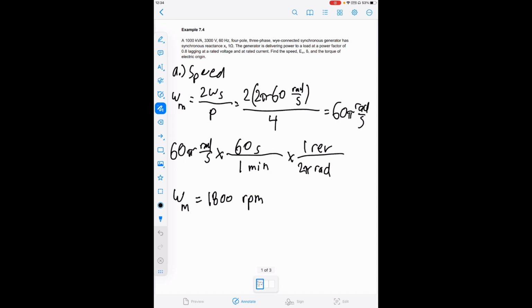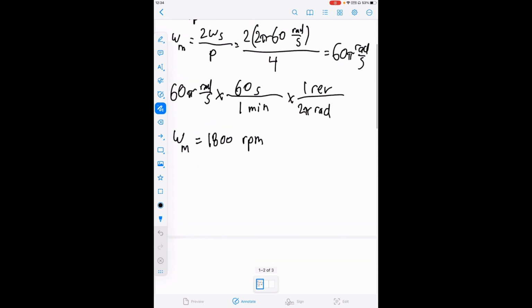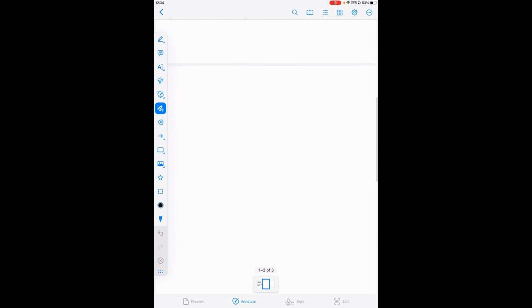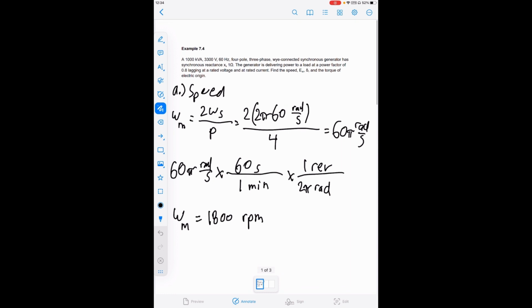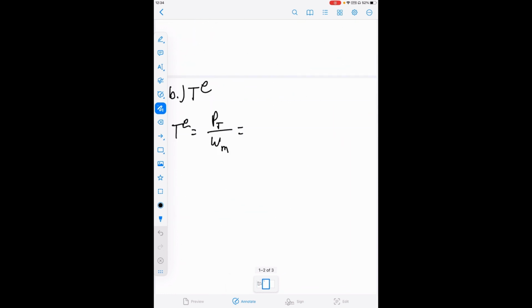The next thing it asks for is the excitation voltage, but after finding the speed, we can find the torque of electric origin very directly, so I'm going to do that next. The torque of electric origin is simply equal to the power over the speed, but it gives us S, 1000 kVA. So if we recall our power triangle, here's P, here's S. So P is just going to be equal to S times the power factor.